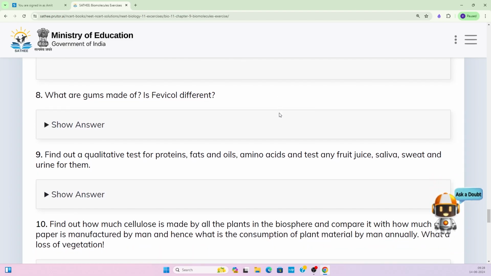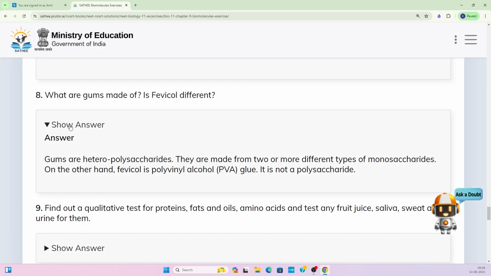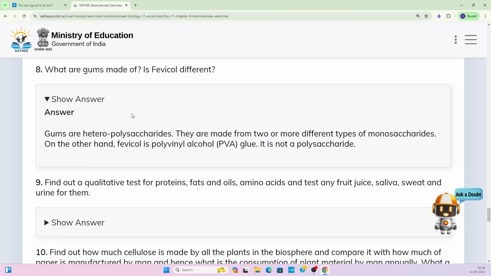Okay, so next question. What are gums made of? Is Fevicol different? The gums that are used as an adhesive, it is asking what gums are made up of. So let us see. Gums are heteropolysaccharides. Chemically, it is a heteropolysaccharide, right?